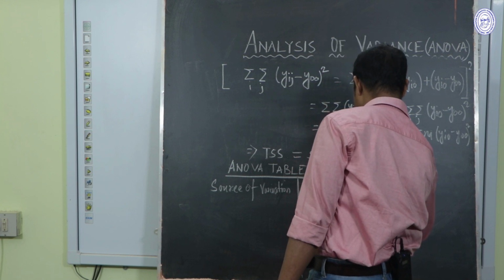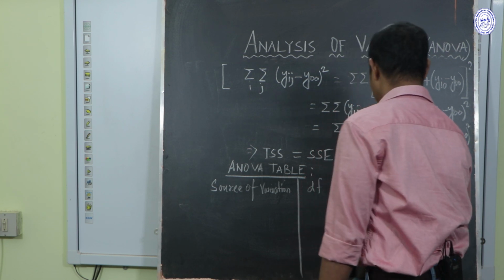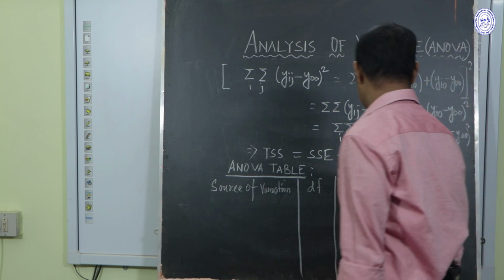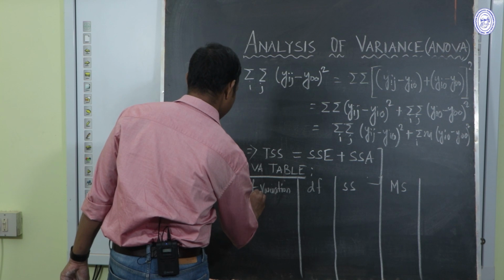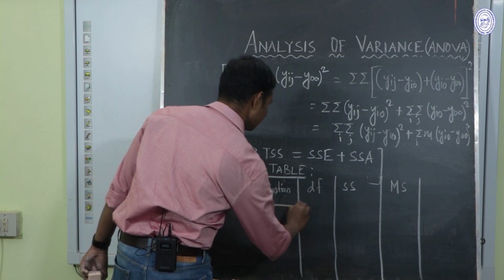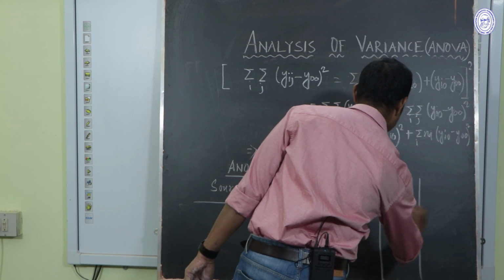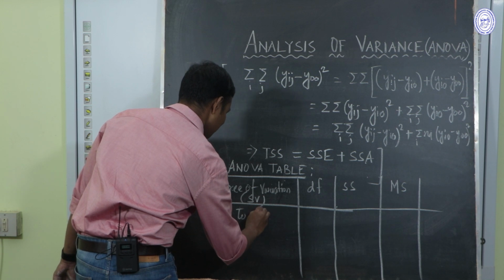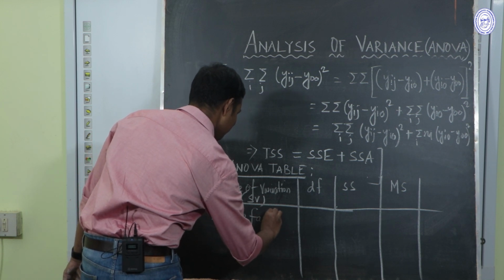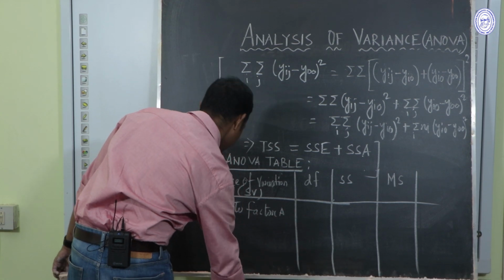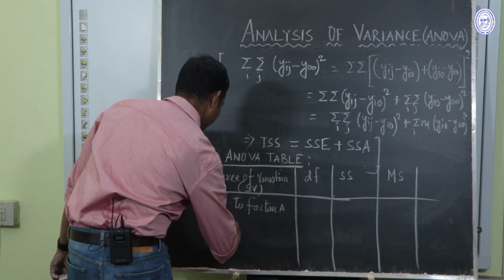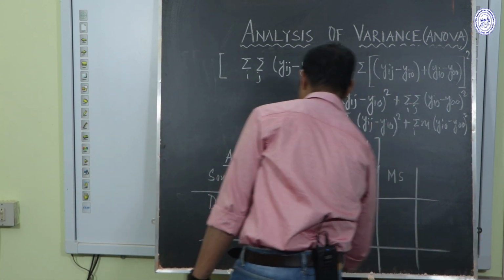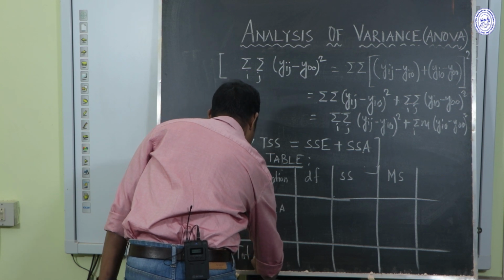Next, sum of squares. Next, mean square. Under source of variation: due to factor A, error, then total.